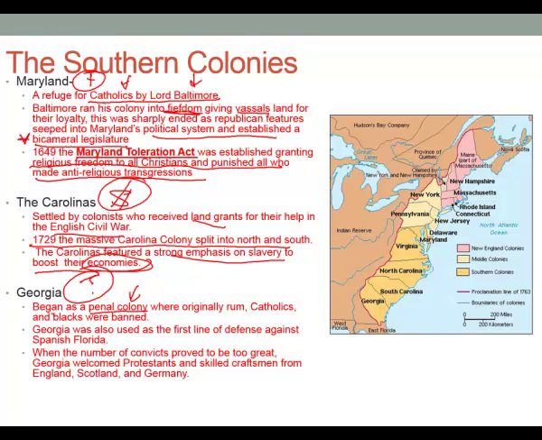But look at this first bullet point. Began as a penal colony, where originally rum, Catholics, and blacks are banned. Rum, like the drink, the alcohol, yeah. That's a weird group. Rum, Catholics, and blacks. Primarily speaking, the slaves are hailing from where?